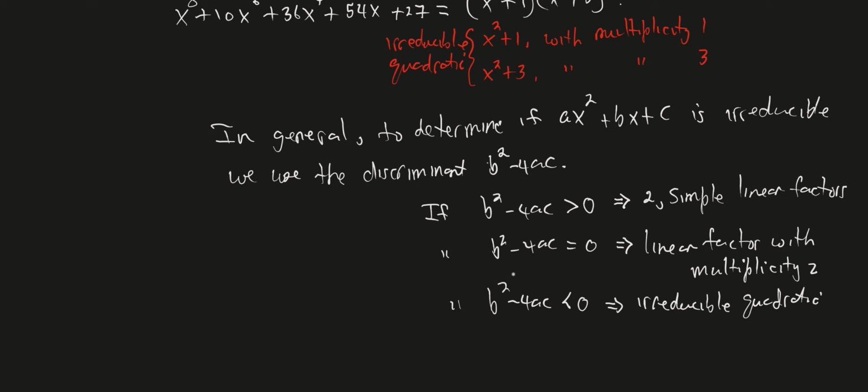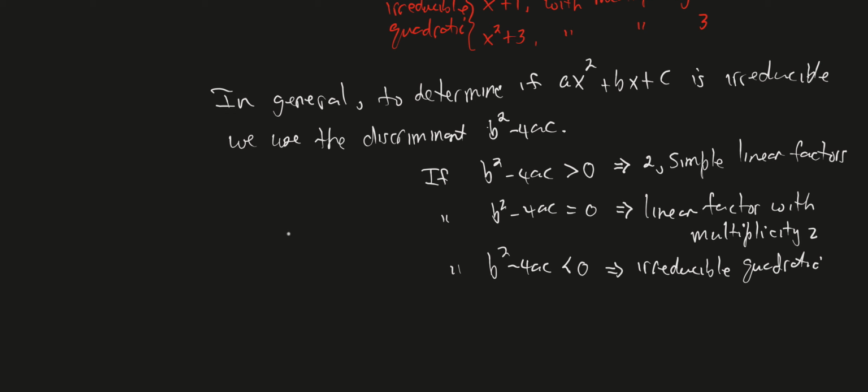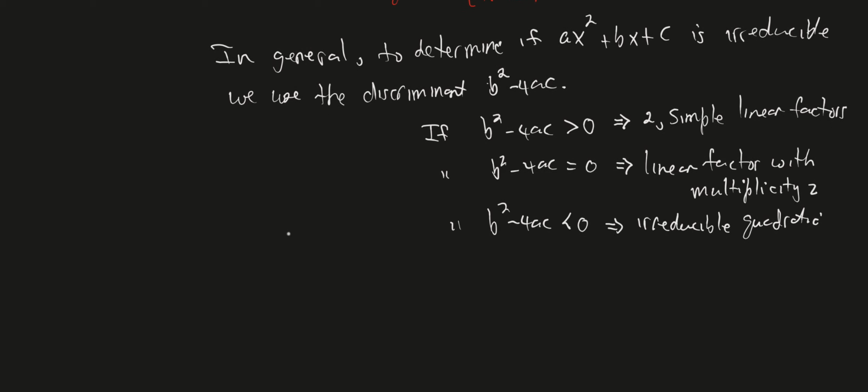So you might then ask yourself, well, we have linears, we have quadratics that can't be broken down. Does that mean we might have third degree polynomials that can't be broken down, or fourth degree polynomials that can't be broken down? Well, it turns out that that can't happen, and this is one of the fundamental results from algebra.